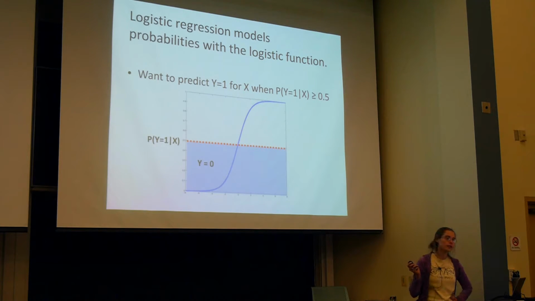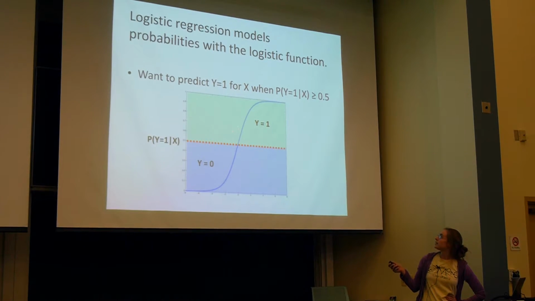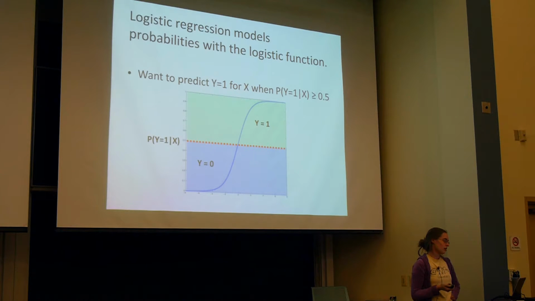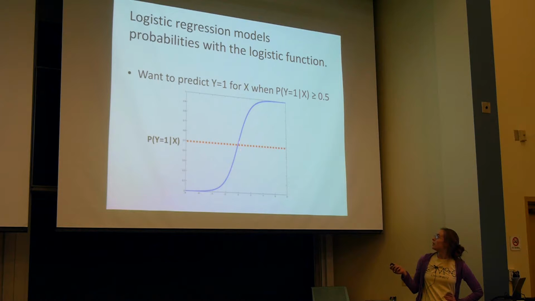And you're going to say that everything that lies along this part of the line is in class 0, and everything that lies on this part of the line is class 1. Another way to think about this, you can think of it in terms of the point on the line where it switches from being below 1/2 to above 1/2, right there.